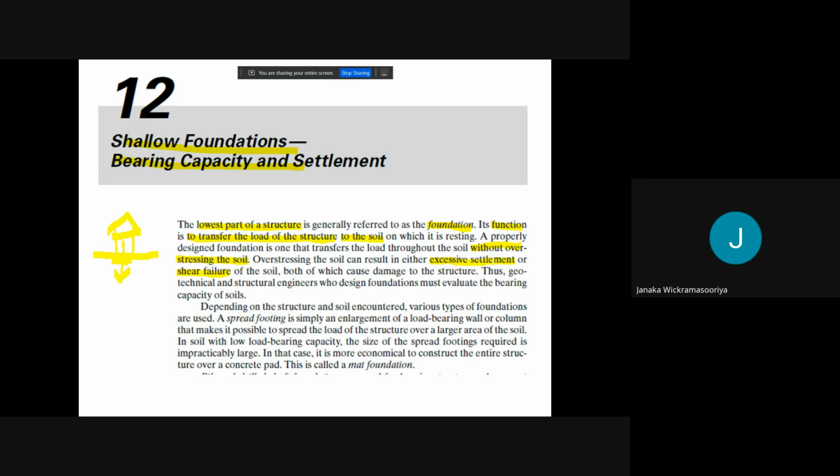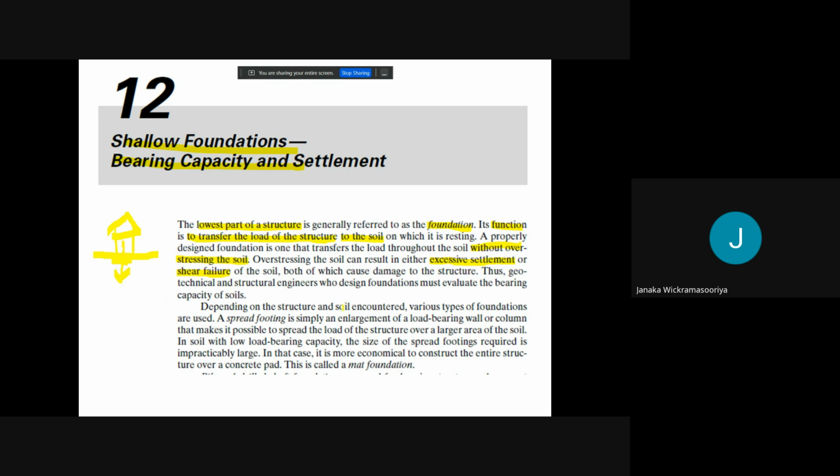If there is any settlement in the soil, then the structure will settle, or there may be some cracks. If there is shear failure of the soil, again the structure will fail. Therefore, geotechnical and structural engineers who design the foundations must evaluate the bearing capacity of the soils. Now, the basic idea of this topic is to check the bearing capacity of the soil and design the shallow foundations.